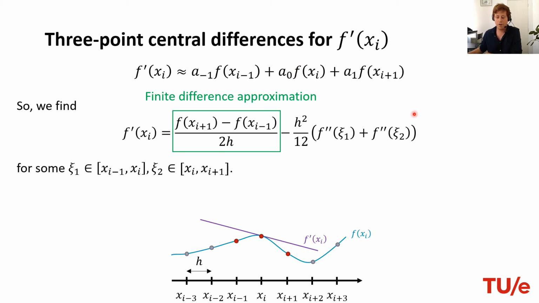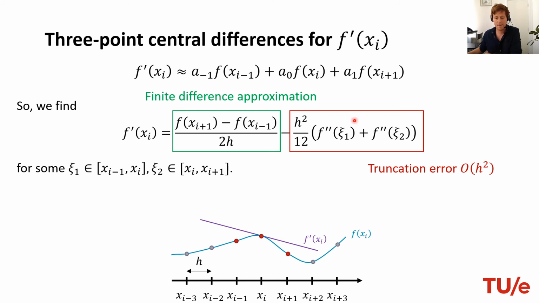expansions. And also we find here the truncation error, which is h squared over 12 times 2 of these, xi1 and xi2. We don't know xi1 and xi2, but we know that xi1 is somewhere in this interval, and we know that xi2 is somewhere between xi and xi plus 1.